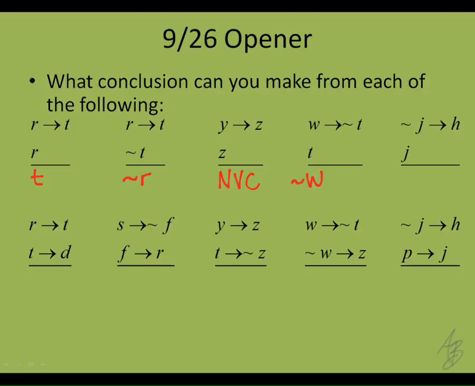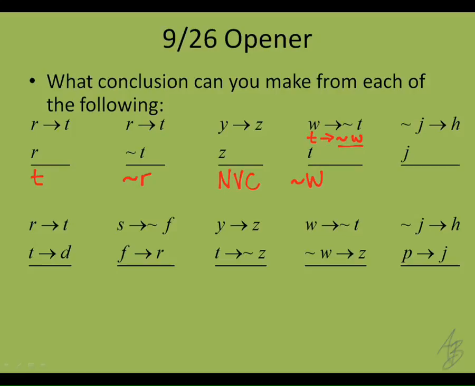Okay, why is it not W, Chris? Okay, so this T here does negate the conclusion. That T negates this conclusion, which means that the hypothesis is false. Remember, if we negate the conclusion, we're essentially using the contrapositive, and the contrapositive would look like this. So we would conclude then that not W is true. Does that make sense, Trey? Okay.